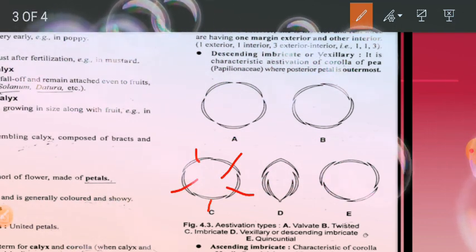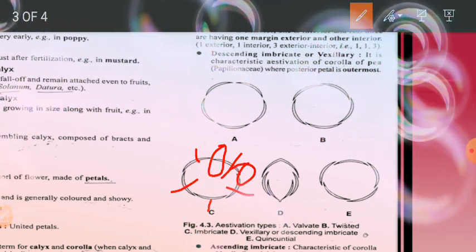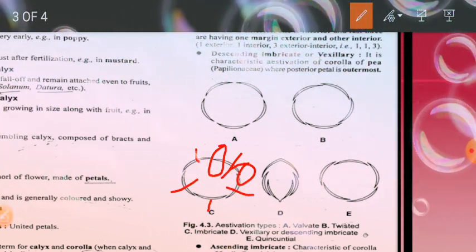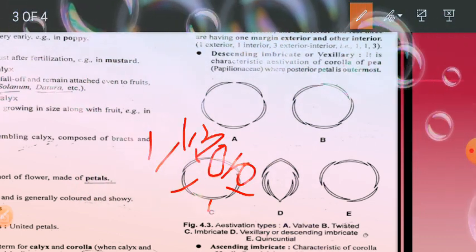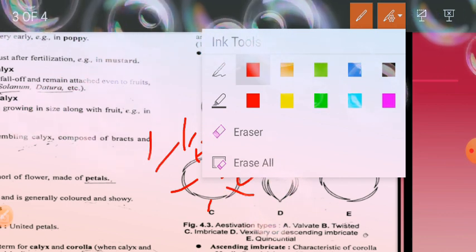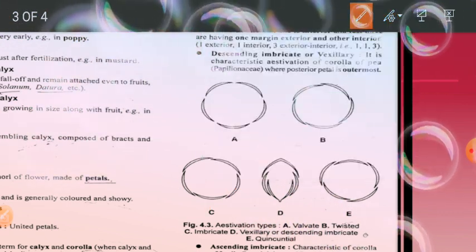So this is the imbricate type, 1-1-3, and it is easy for all of you to remember: one exterior, one interior, and the rest of the three exterior-interior.